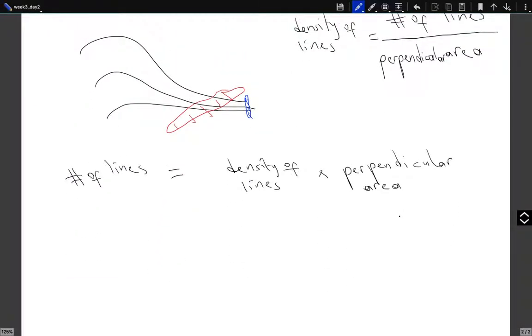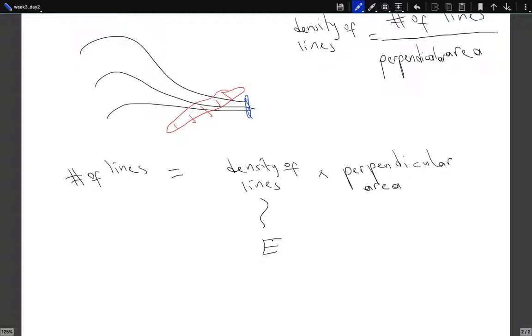So the number of lines is the density of lines times the perpendicular area. Okay, that's great. But the density of lines gives me the magnitude. Well, the density is proportional to the magnitude of the electric field. That is how we define them. So if in a region of space the electric field lines are denser, in that region the electric field is stronger.